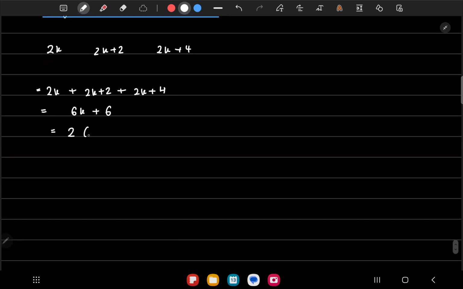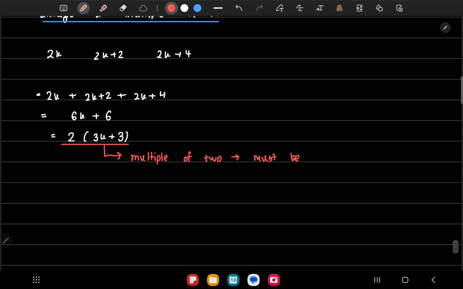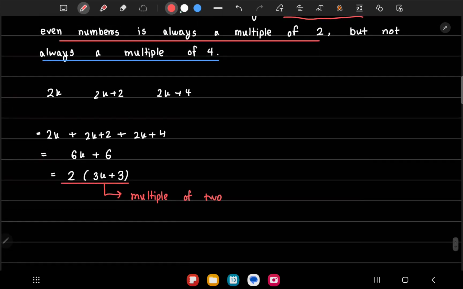So I can take 2 common from here and write down 3k plus 3. So this is a multiple of 2. This must be even. We don't have to prove that.